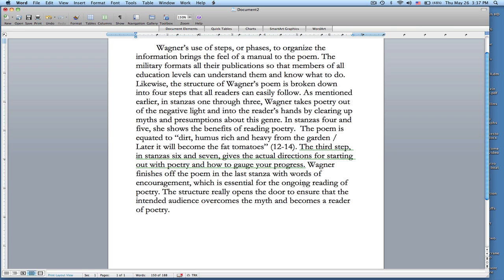One strategy that's really effective is to think about what it would be like if the poet didn't use this approach.